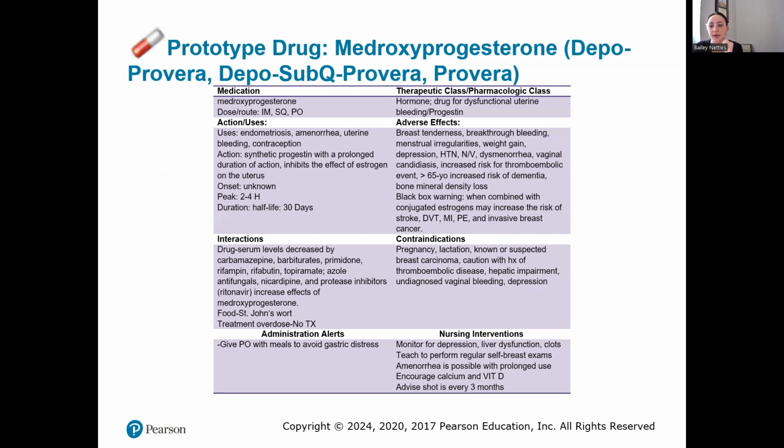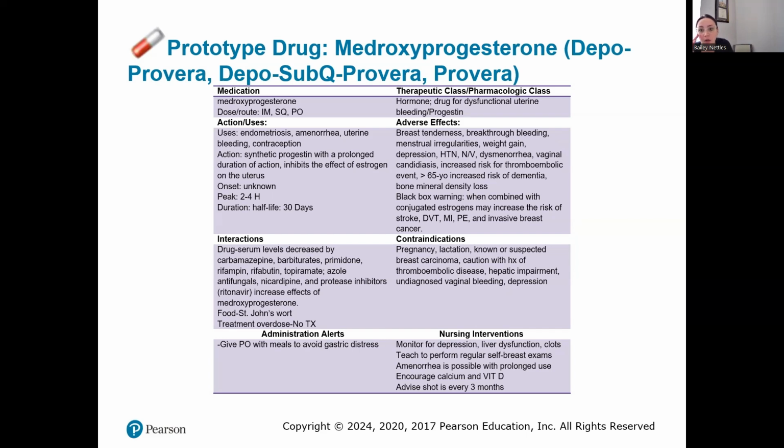So medroxyprogesterone or the Depo-Provera, Depo sub-Q Provera or Provera, they're all called the same thing. So when we were talking about the Depo shot earlier, this is what it is, okay? So it's IM, PO, sub-Q. You can use it for endometriosis, amenorrhea, which is no menstrual period, uterine bleeding, and contraception.